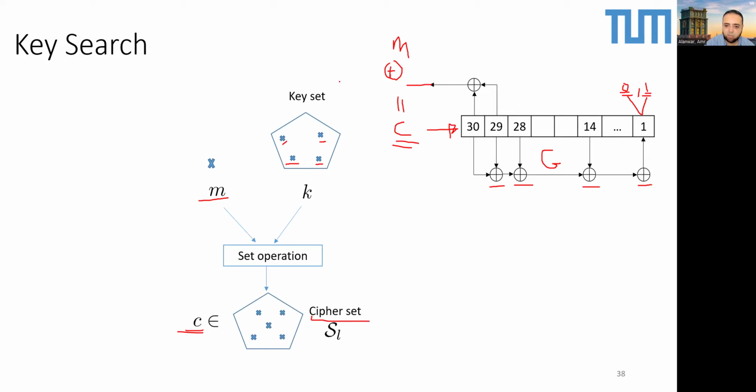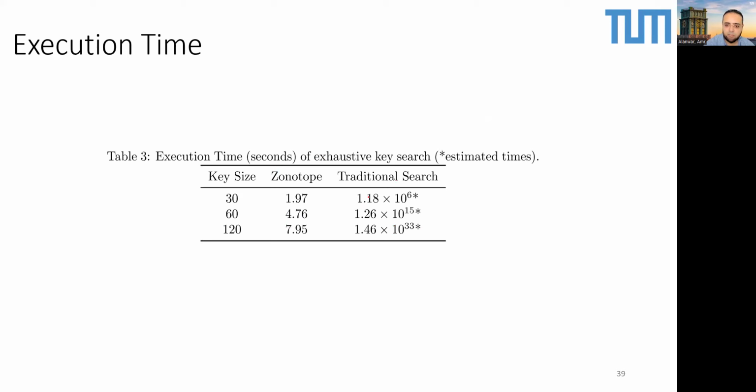And if it's not, we neglect the whole key set and never try this direction again. So the exhaustive search here takes forever, as expected, especially with key size 120 bits. And the logical zonotope was able to get it in 7 seconds on MATLAB, which is not the best environment for trying cryptography, of course.